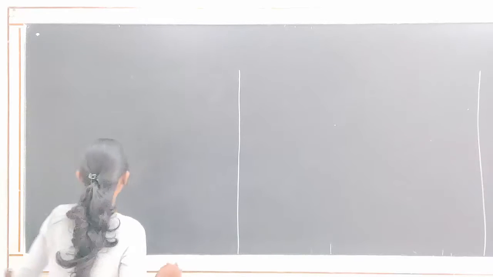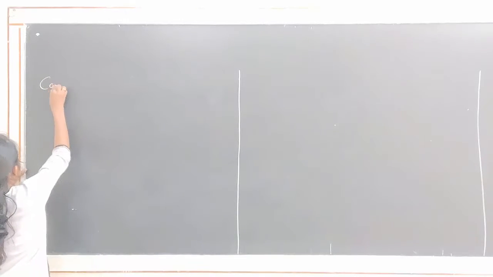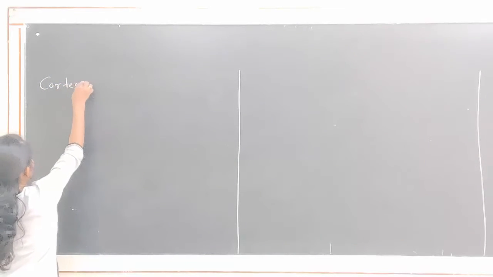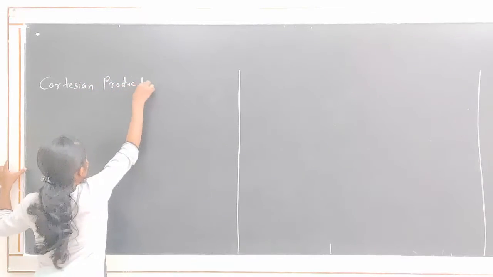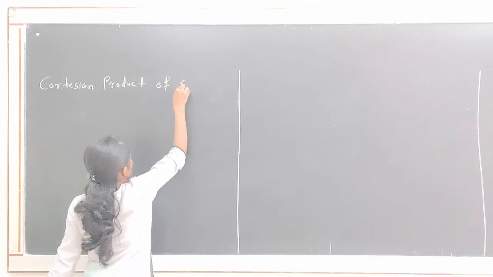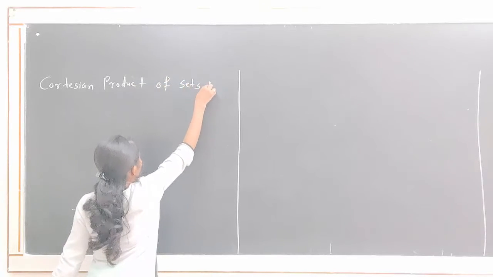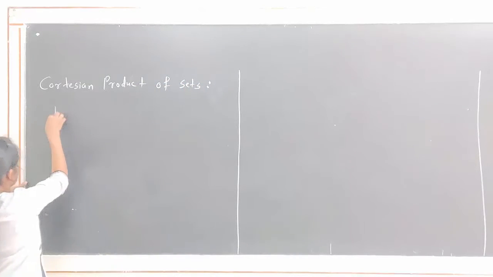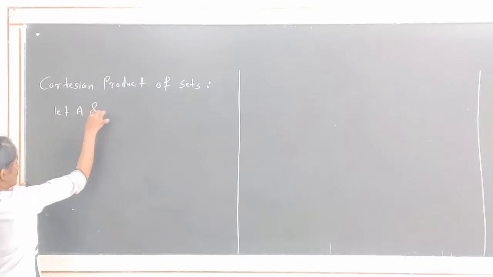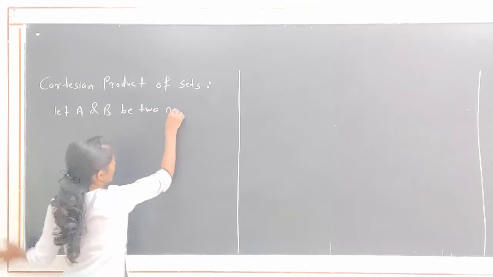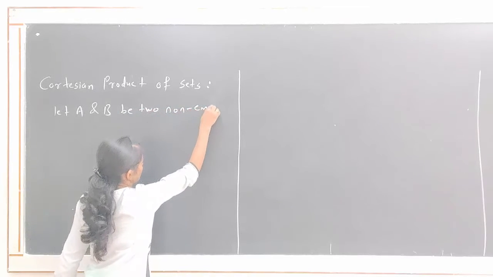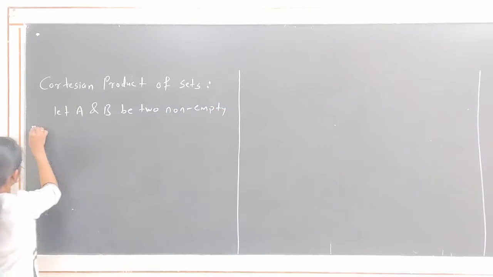Definition: Cartesian product of sets. Definition: let A and B be two non-empty sets.